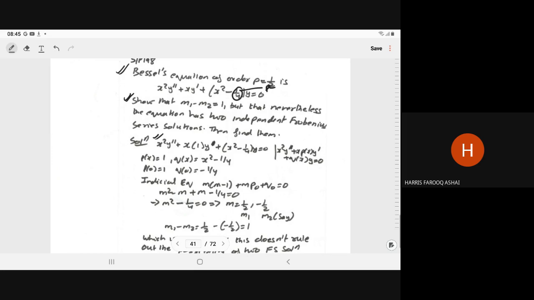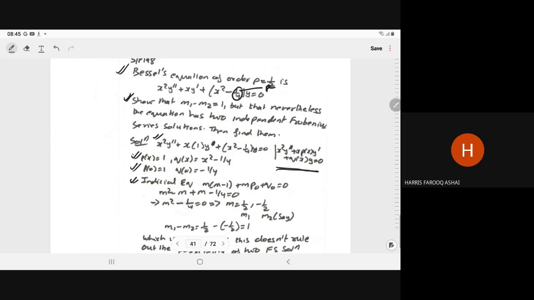When we compare with the standard equation x square y double dash plus x p(x) y dash plus q(x) y is equal to 0, from here you will get small p(x) as 1 and small q(x) as x square minus 1 by 4. So when we put x is equal to 0, you will get p0 as 1 and q0 as minus 1 by 4.